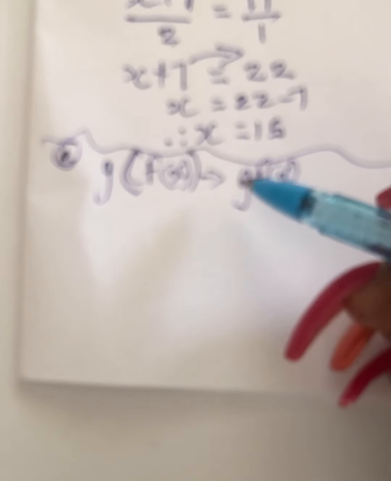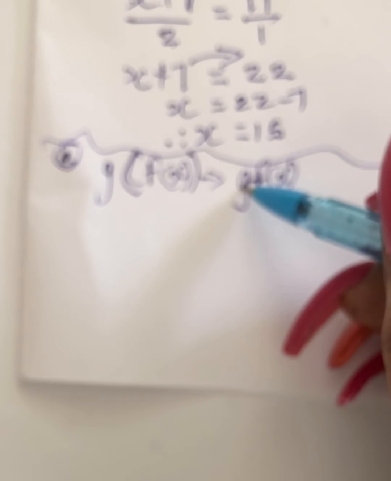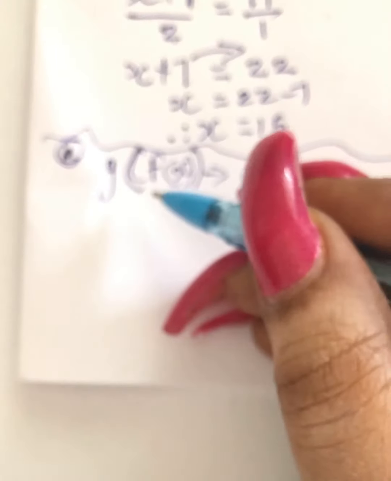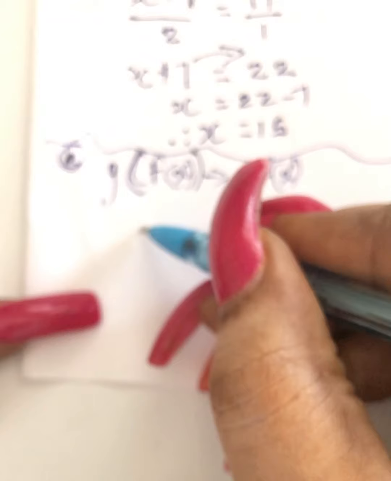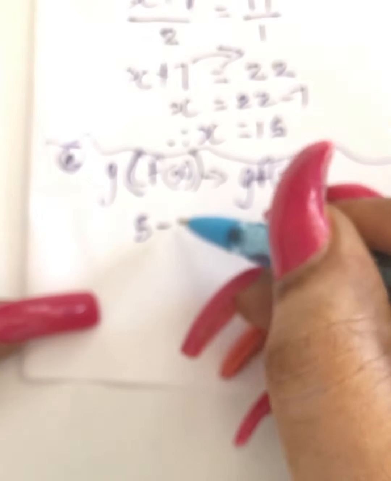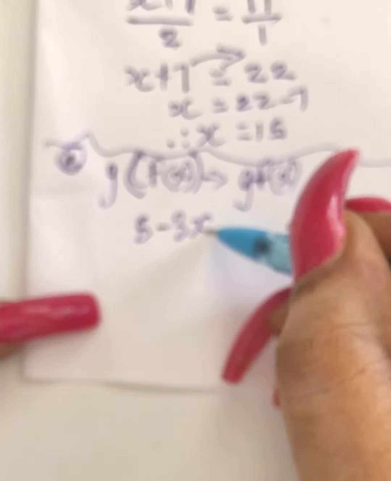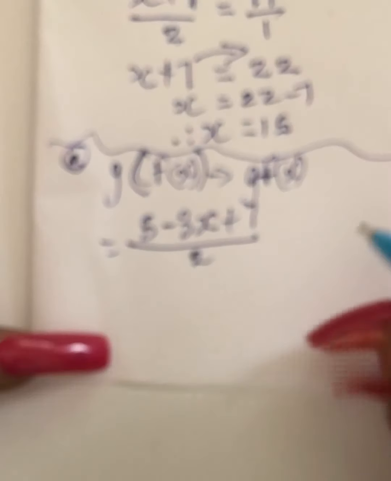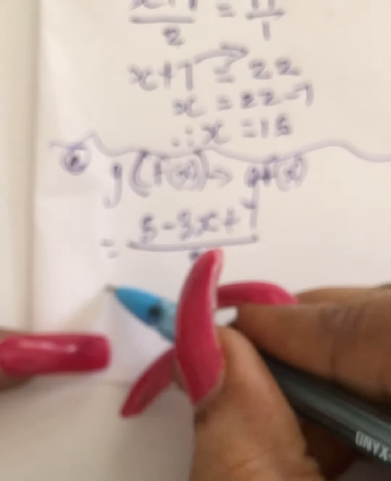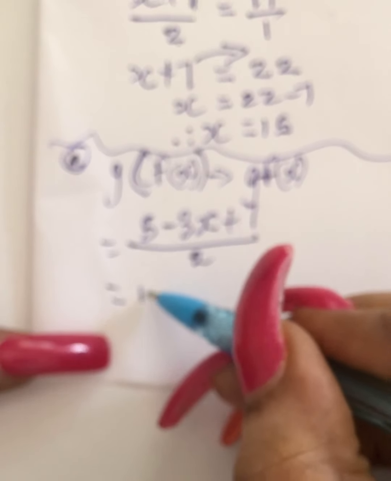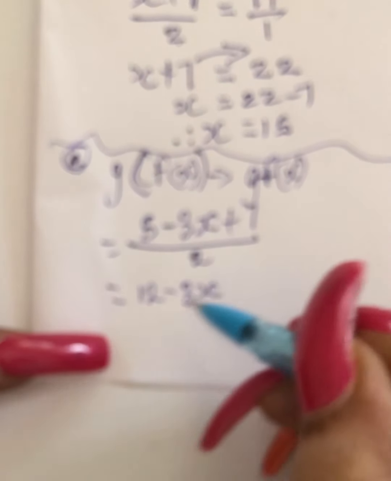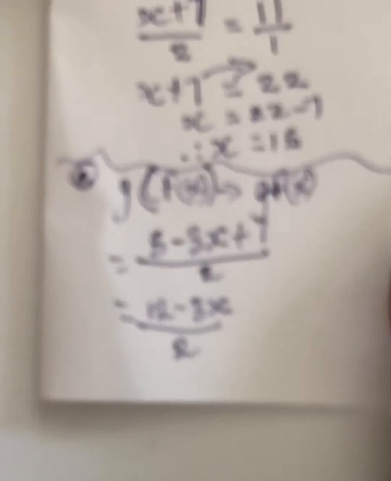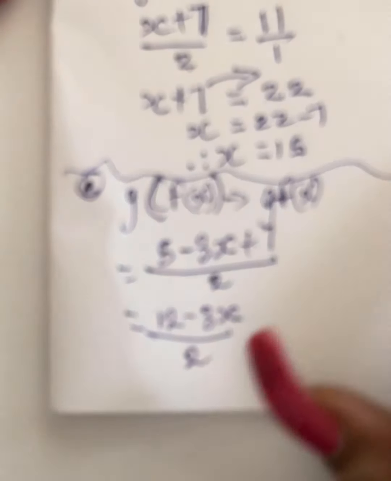So f is going into g, and f is 5 minus 3x. So let's go now. This will give me 5 minus 3x plus 7 all over 2. And I simplify. 5 plus 7. Are we finished? Yes, that part is finished.